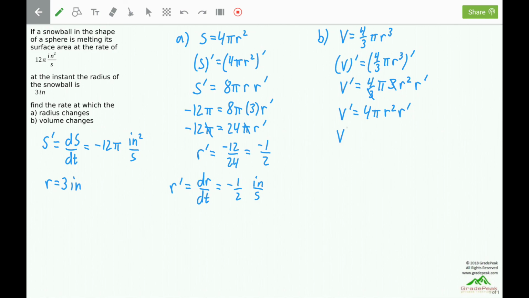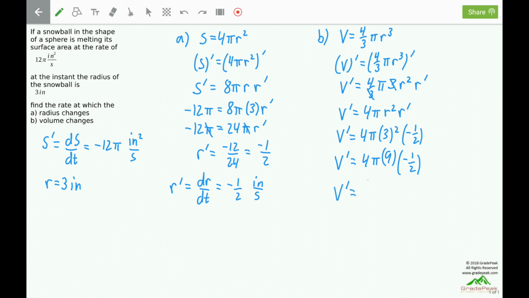We can now plug our numbers in. V prime will be 4 pi times 3 squared times r prime, which is found to be negative 1/2. So V prime will equal 4 times pi times 3 squared, which is a 9, times a negative 1/2.